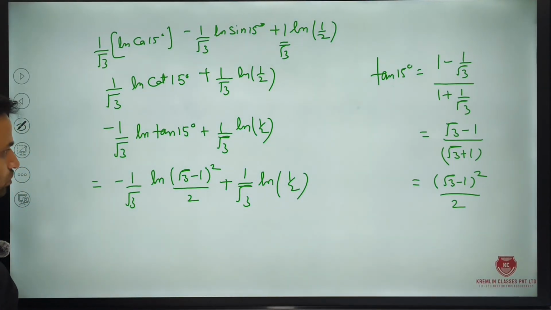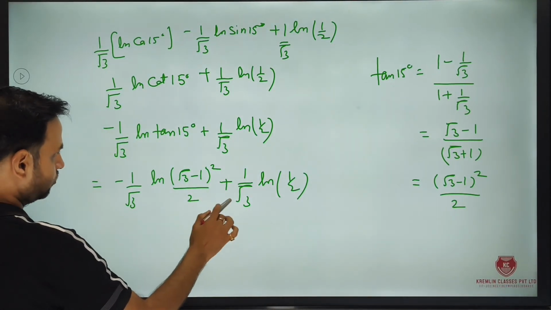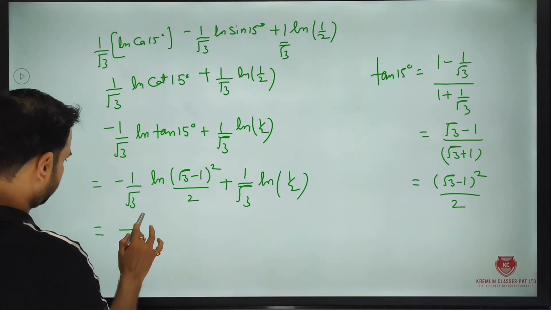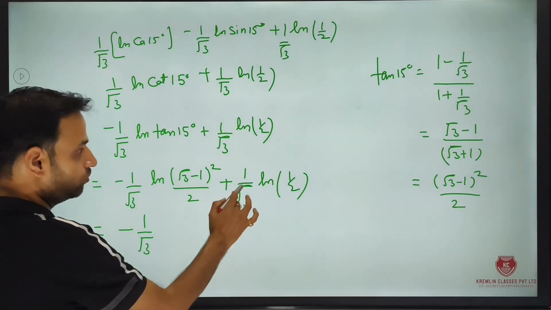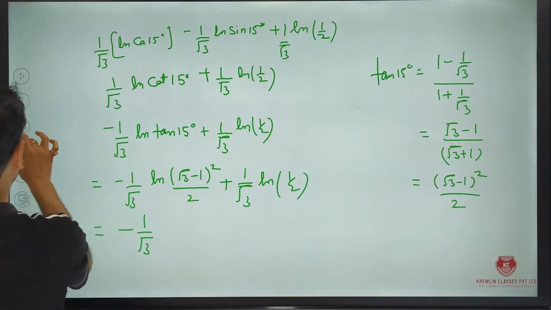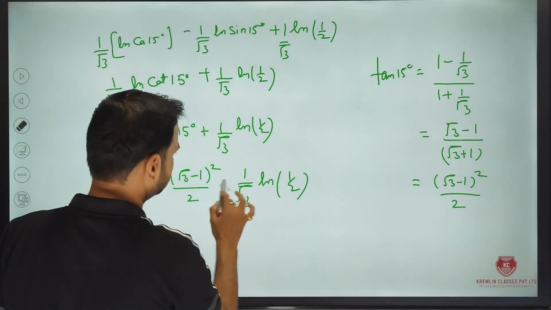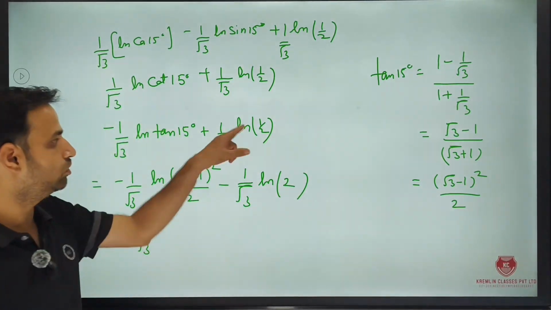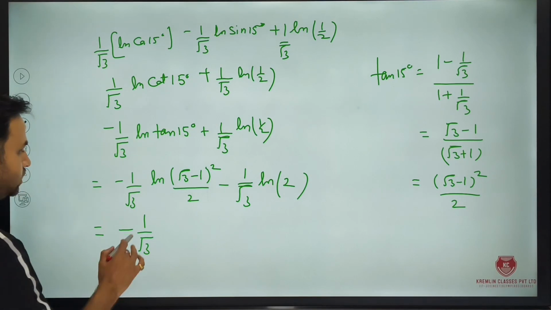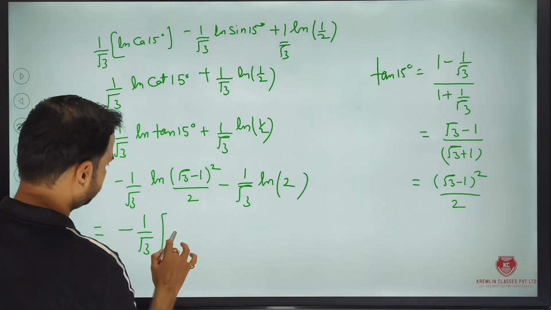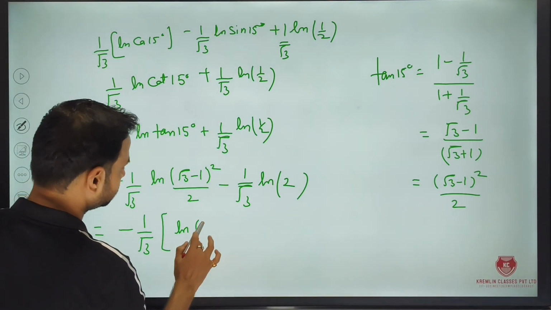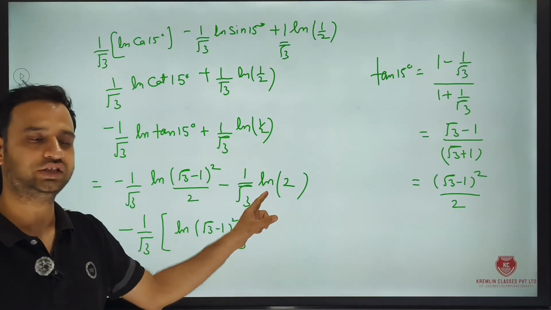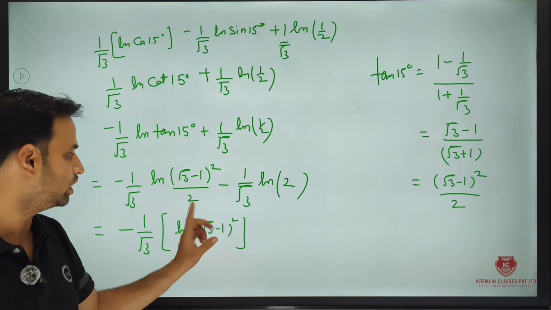Okay, so when we combine this, it comes out to be minus 1 by root 3. I am taking minus here, and this should be 2, because 2 raised to power minus 1 will come out like this. So minus 1 by root 3 common, and when we multiply, this comes out to be root 3 minus 1 whole square, because ln a plus ln b is ln a into b, so 2 will be cut by 2.